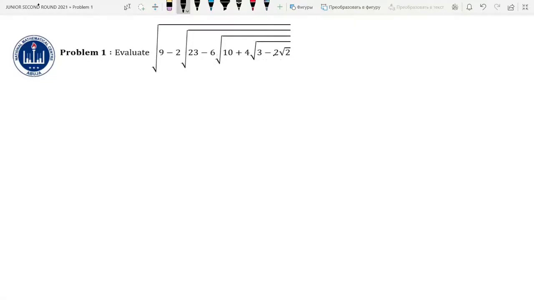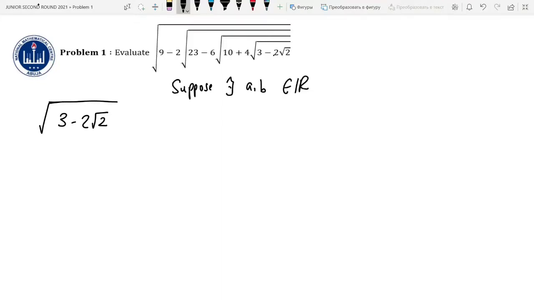That's just a good way of attempting this type of surd question. So the first step we have to do is, can we try to simplify this? That's the first thing we want to try to do now. A way of doing this question is to assume, suppose there exist A and B members of the positive real numbers such that this is this.